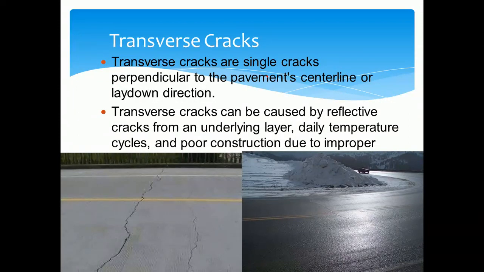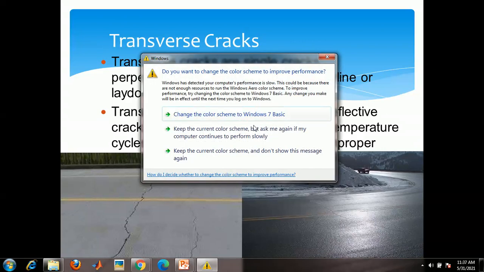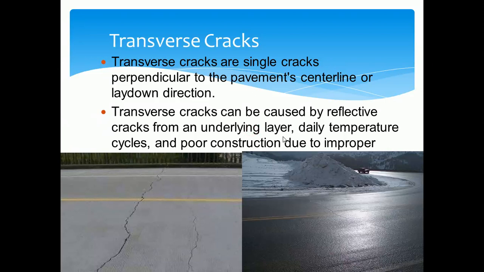Similarly, you can observe the transverse cracks are also there, which are perpendicular to the center line of the road. You can observe clearly in the picture. Whatever the cracks formed in the case of rigid as well as flexible pavement, these cracks are running perpendicular to the center line of the road.